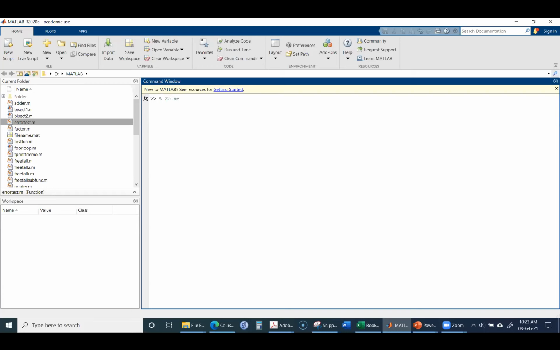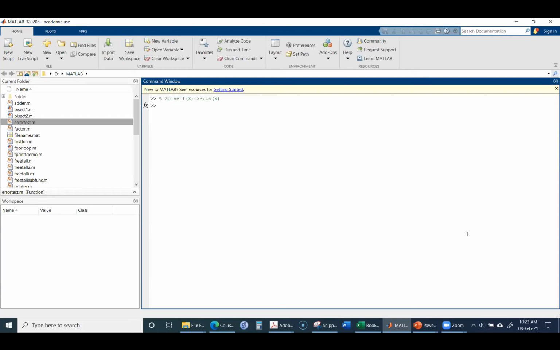solve f of x is equal to x minus cosine of x. Okay. So suppose, can you see what I am writing on MATLAB? Yes.